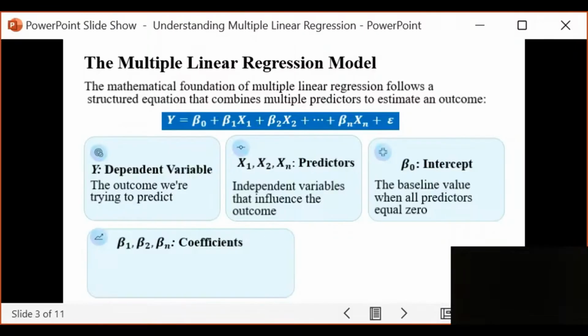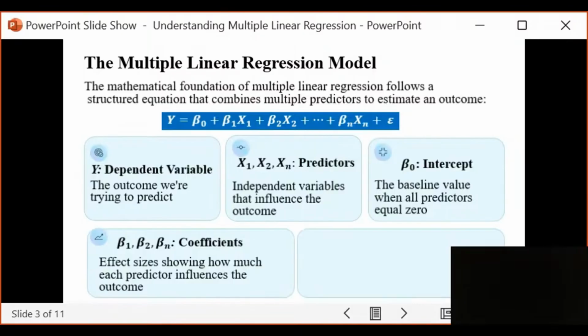But if the beta is negative, then it decreases the dependent variable. So the sign of the coefficients is very vital. Kung positive yung sign niya, mag-i-increase yung y. But if the beta is negative, then we expect a decrease in the value of y.